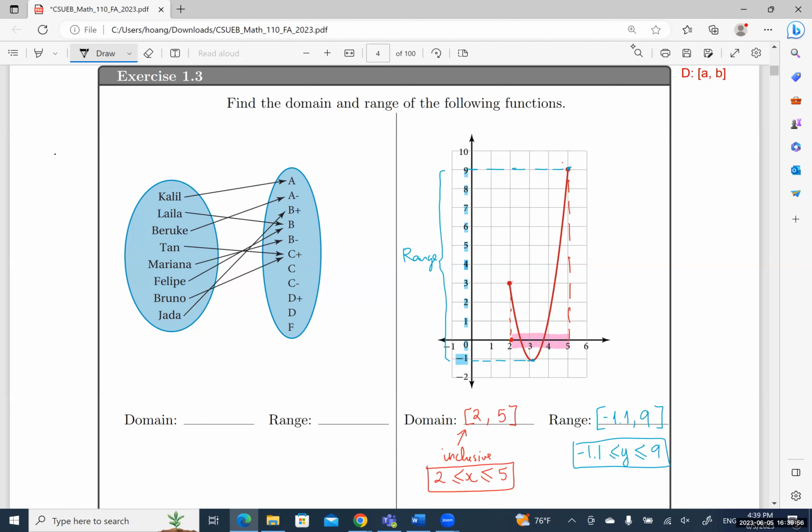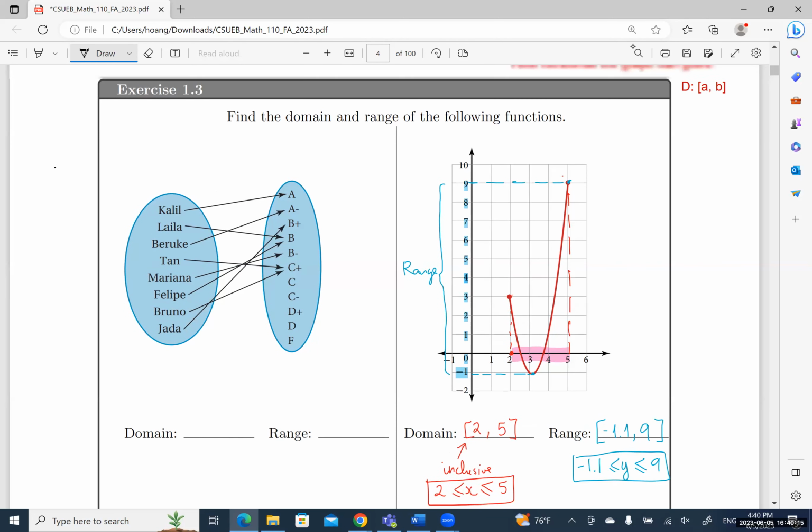It looks like the first ellipse is the names of students, and the second ellipse is the letter grade.